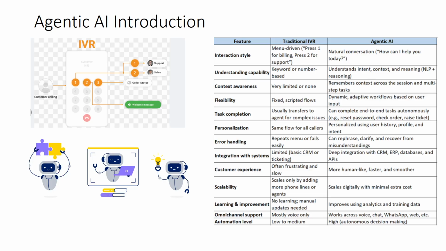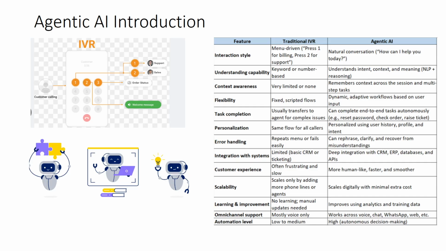Then we have got this keyboard or number based, but in agentic AI, it understands the intent, context, and meaning. So just imagine a ChatGPT, when you interact with ChatGPT, how it feels. The same way, but here we are using the channel as voice.